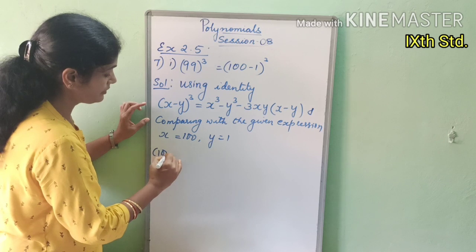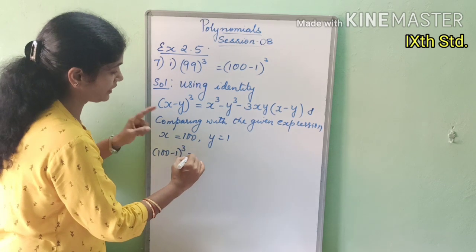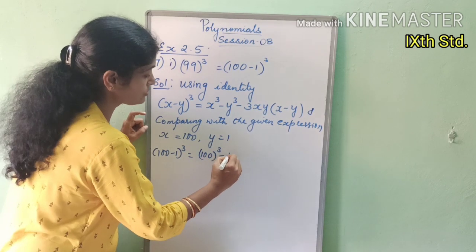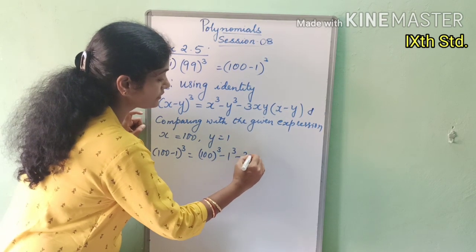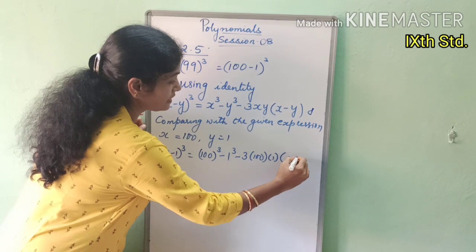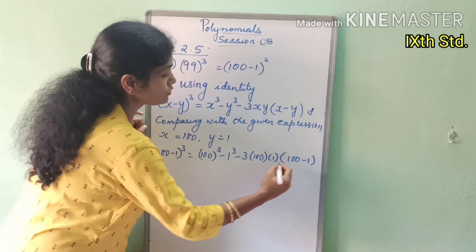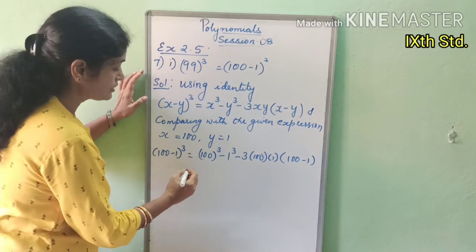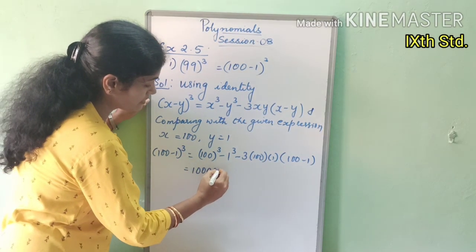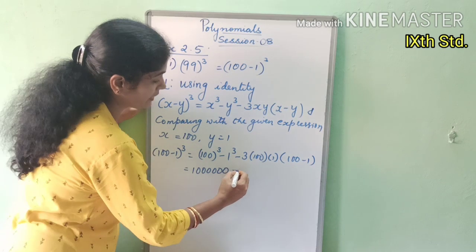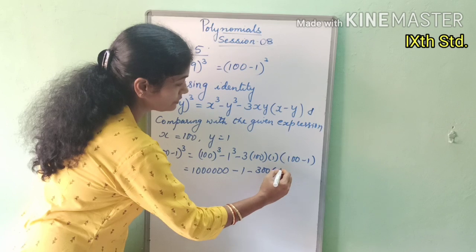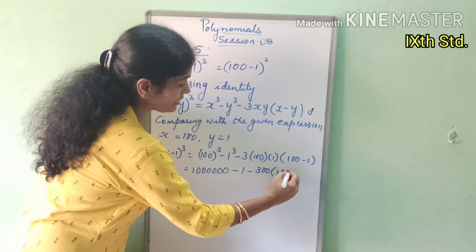So 100 minus 1 whole cube can be written as 100 whole cube minus 1 cube minus 3 into 100 into 1 into 100 minus 1. This is equal to 1 followed by 6 zeros minus 1 minus 300 into 100 minus 1.